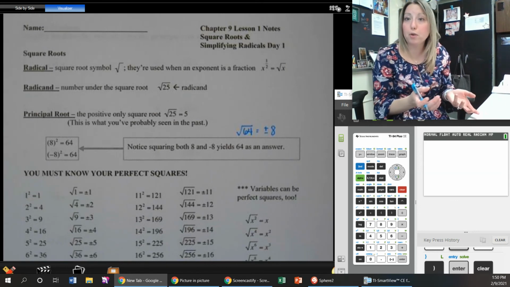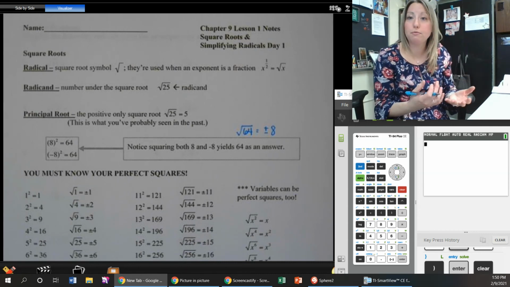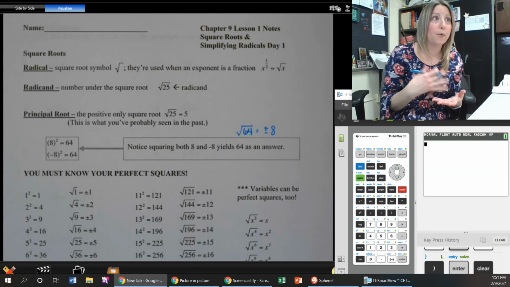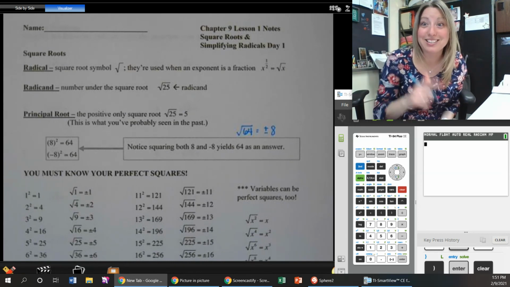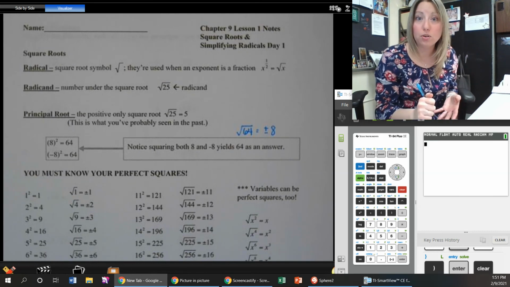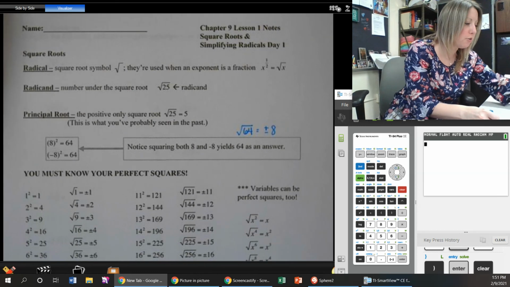You got to know what your perfect squares are, because you need to be able to identify a perfect square if it's under the radical, or if it's a factor of your radicand. That's where we're really heading, which means you really need to know your perfect squares. You've just got to know your perfect squares.